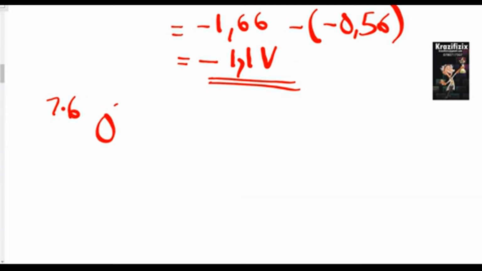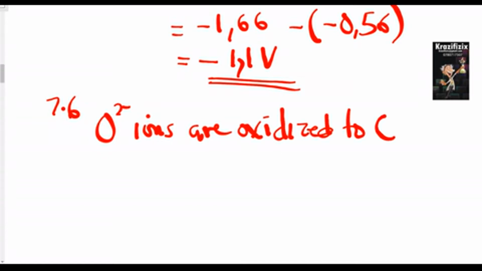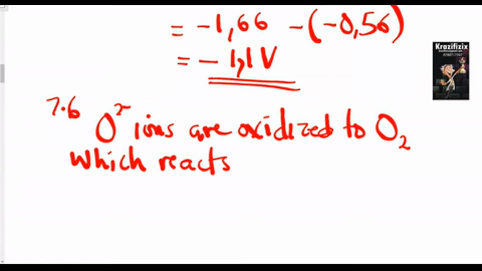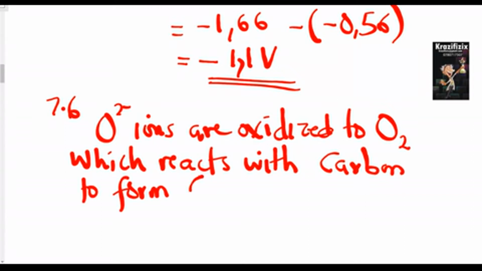Because the question says explain, the oxide ions are oxidized to oxygen, which reacts with our electrode, which is carbon graphite, to form carbon dioxide, a gas, which is given off.